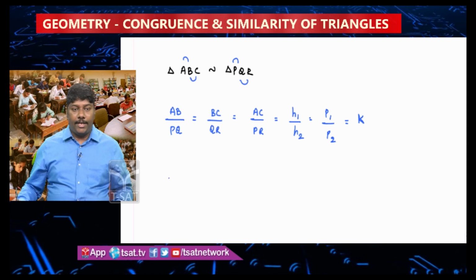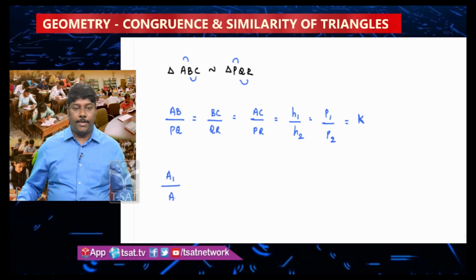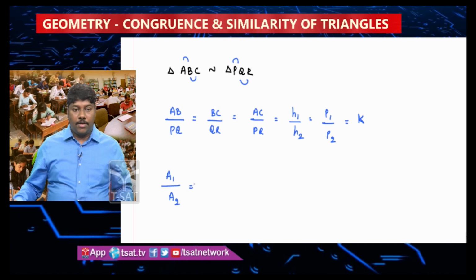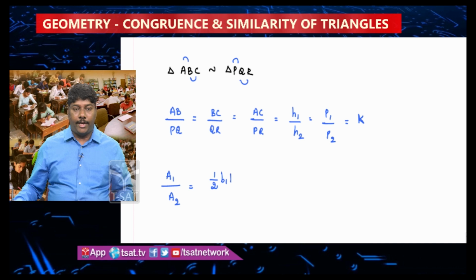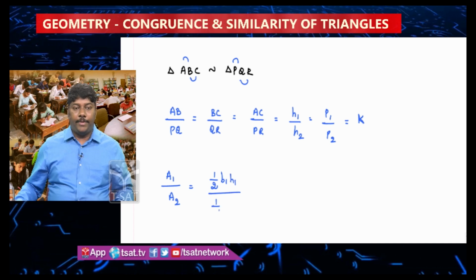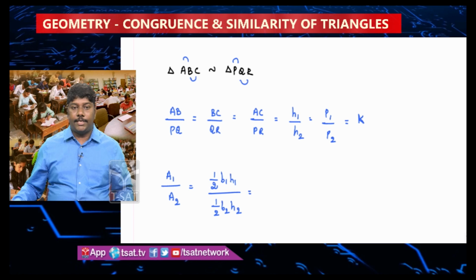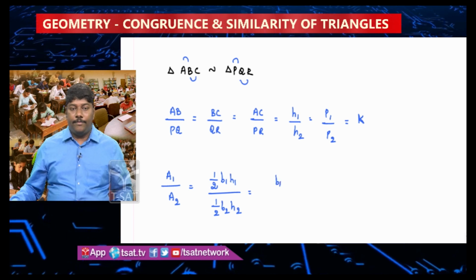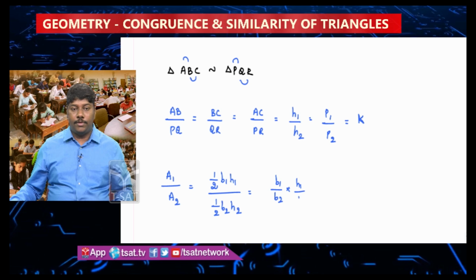When it comes to their areas, area of the first triangle by area of the second triangle, area is half into base into height, so half into base 1 into height 1 over half into base 2 into height 2. The half anyway gets cancelled. Therefore, you will get B1 by B2 into H1 by H2.